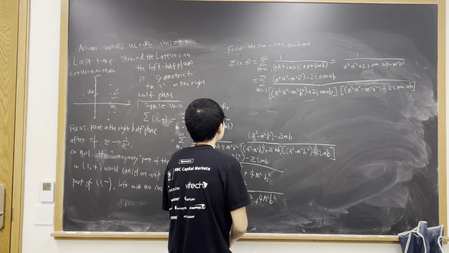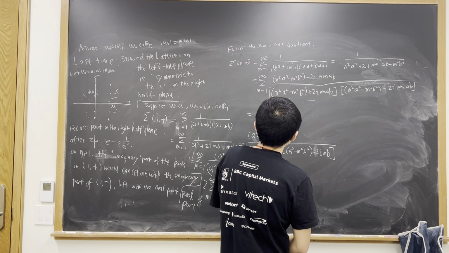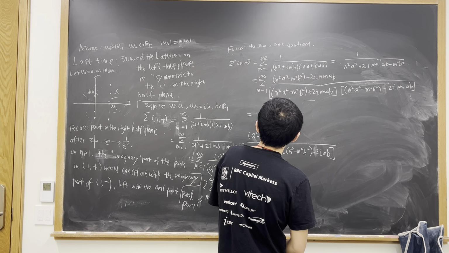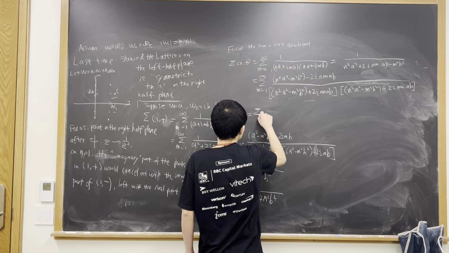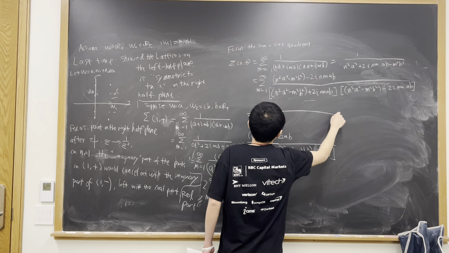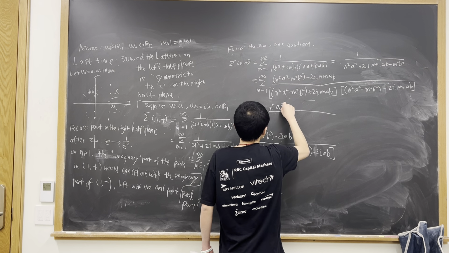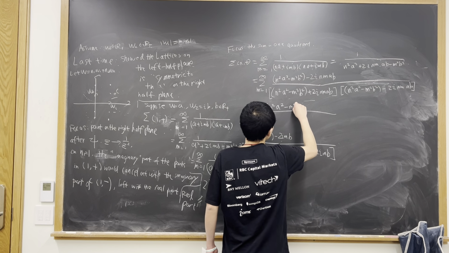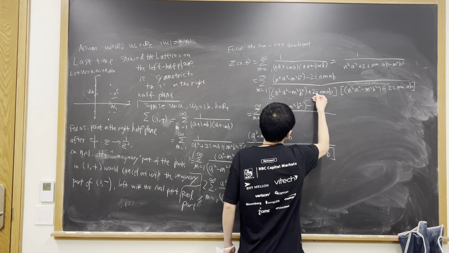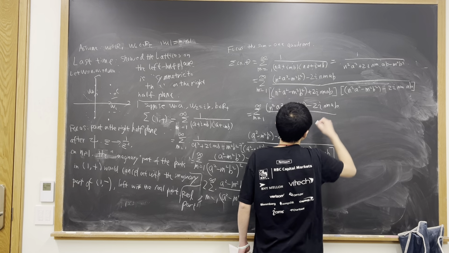And then, so this is equal to the summation over m from 1 to infinity of, so top part. So now I'll keep the part 2i m a b.